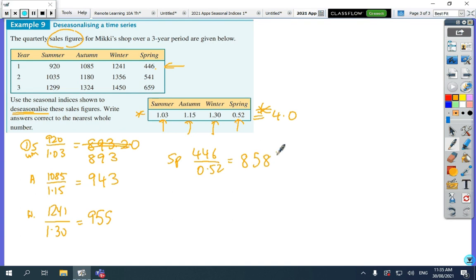Okay, so I'm not going to worry about the other 2 years, but that's how you would do it. And in the next video, we're going to be showing how to calculate these indices. Okay, thanks, bye.